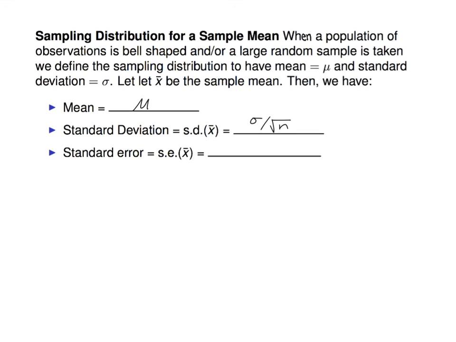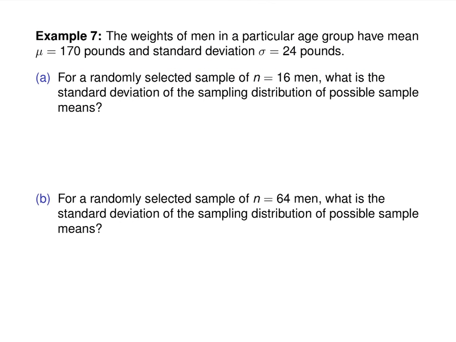And the standard error of x bar is s over root n, where s is equal to the sample standard deviation. Back in chapter 2, we found s using this formula: the square root of the sum of xi minus x bar squared, over n minus 1. So the weights of men in a particular age group have mean 170 pounds and standard deviation 24 pounds.